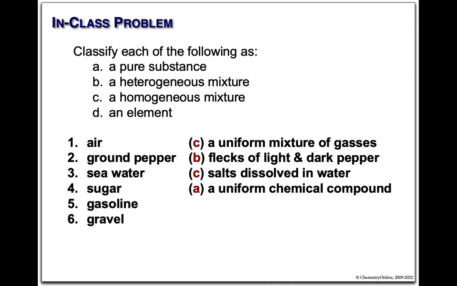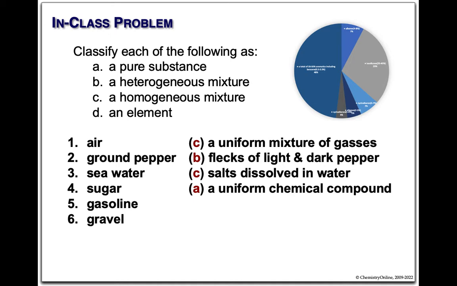Gasoline. Well, gasoline is a very complex sort of stuff. Think about the fact that when you go to the gas station, you can choose the octane level. Octane is a hydrocarbon, and it burns very well. And the more you have, the hotter, faster it burns. That implies right away that we have a mixture. It is a mixture.